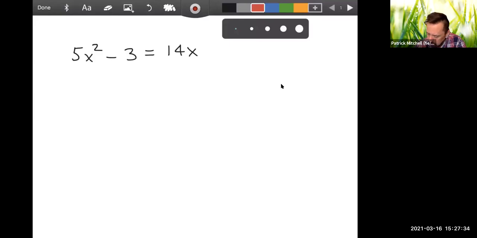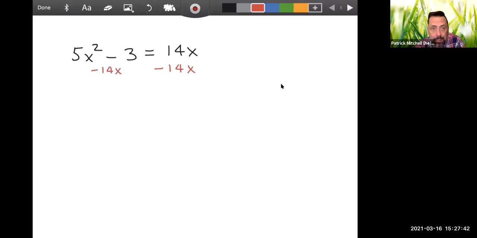So I'm going to start this one by subtracting 14x on both sides. Now be very, very careful with the signs. If you mess up even one sign, unfortunately, the answers are going to come out wrong. So in this case, we get 5x squared minus 14x minus 3 equals 0.